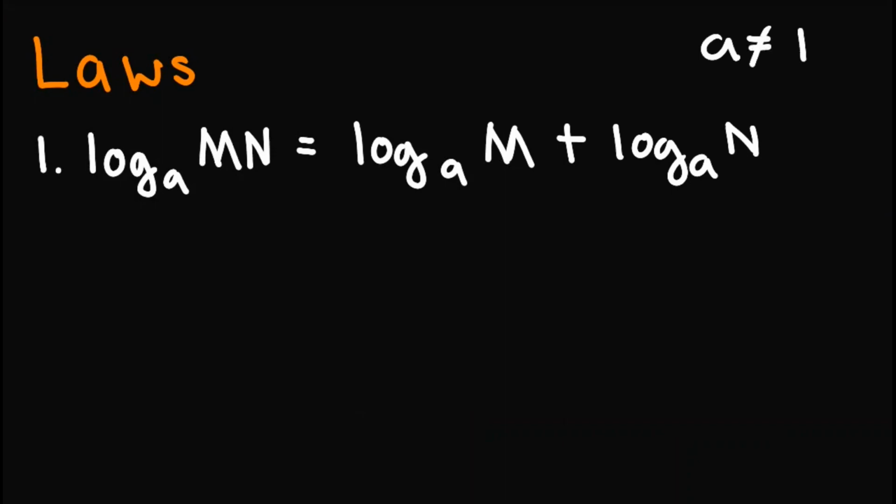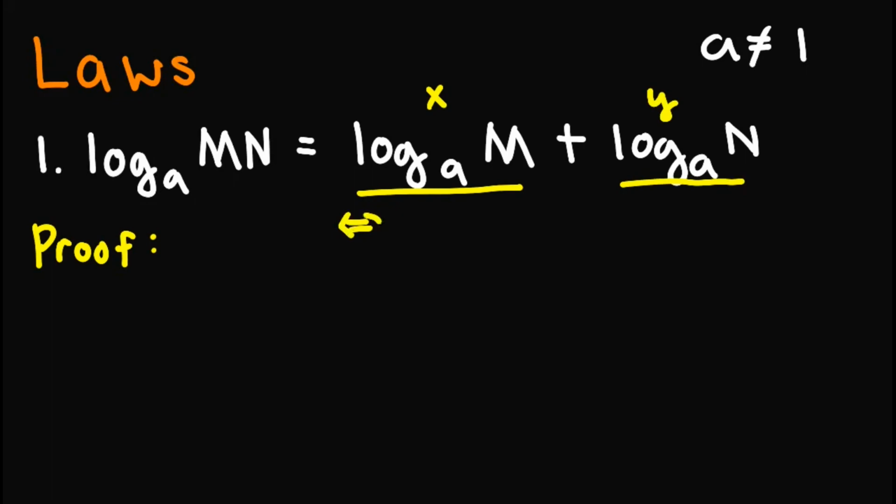Now, how do we prove this one? For the proof, we can let this one be equal to x and this one be equal to y. Then converting this one to their exponential form. Okay, let's write it in a much better way.